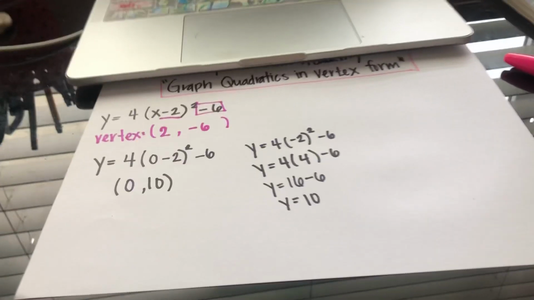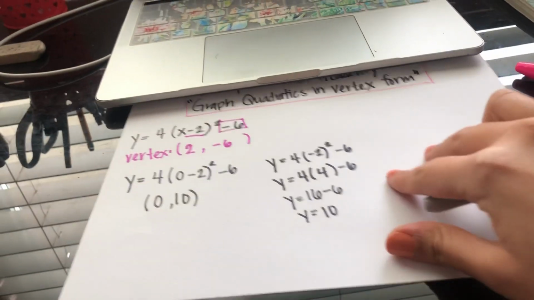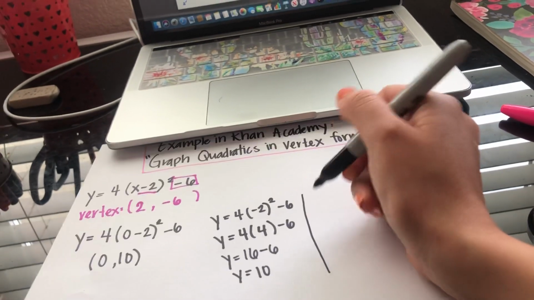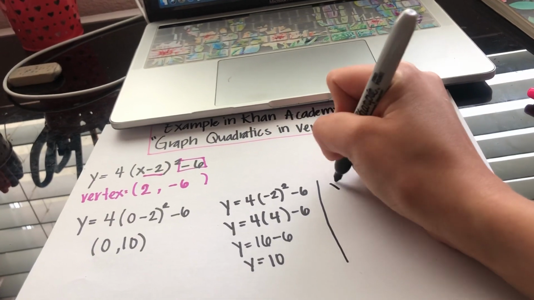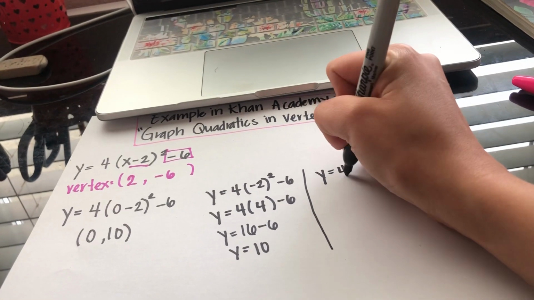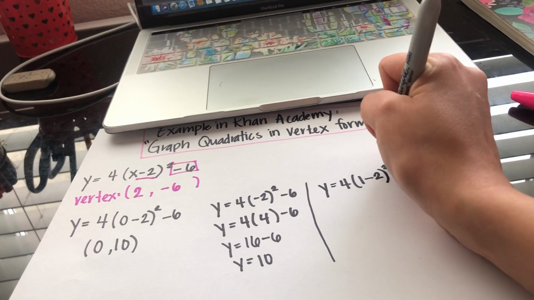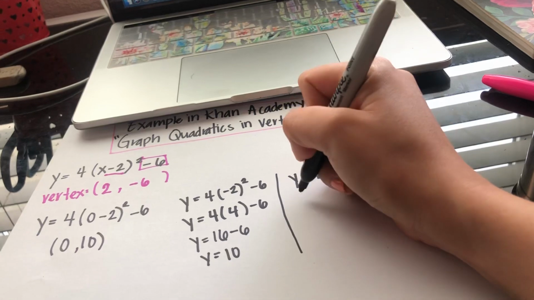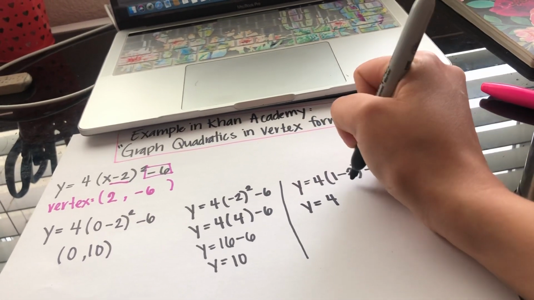Another easy value to find is 1. So let's solve it for 1. Again, all I'm doing is substituting, instead of a 0 now, I'm gonna put a 1. So y equals 4 times (1 minus 2) squared minus 6. And so 1 minus 2 is -1.